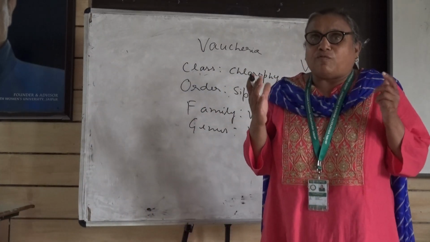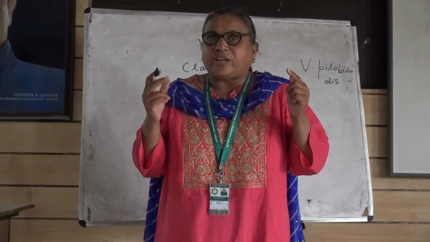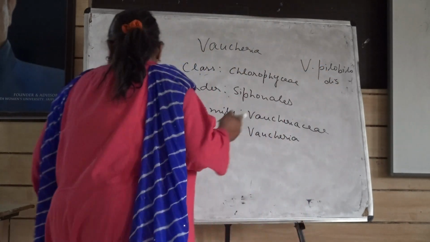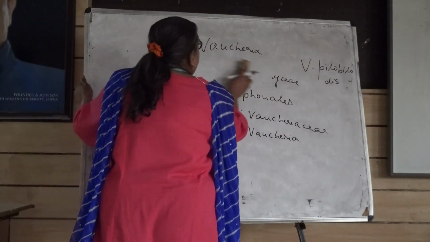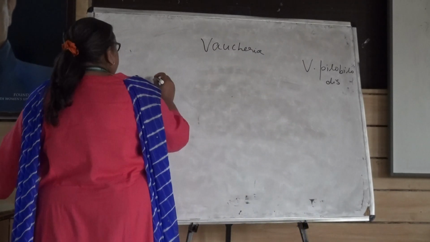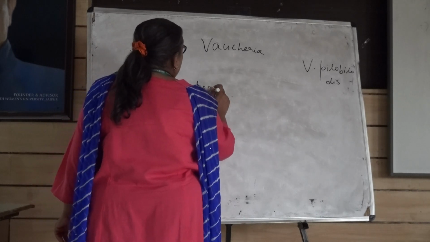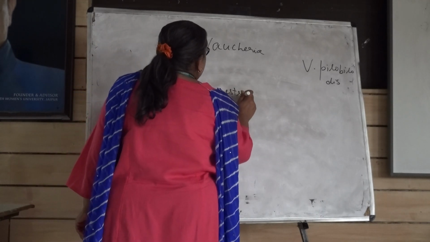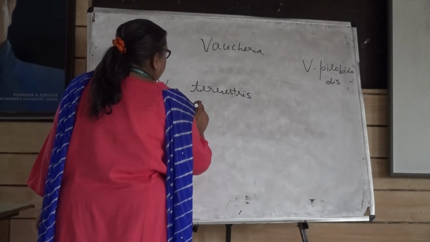Some of the terrestrial species are Vaucharia hamata and Vaucharia terrestris. I am writing on the board Vaucharia terrestris, Vaucharia hamata.